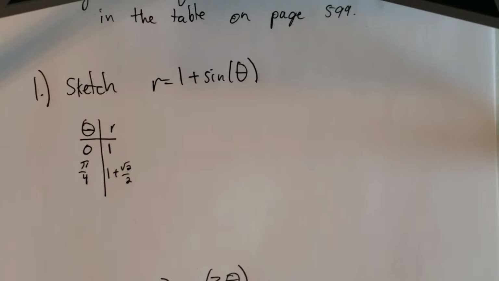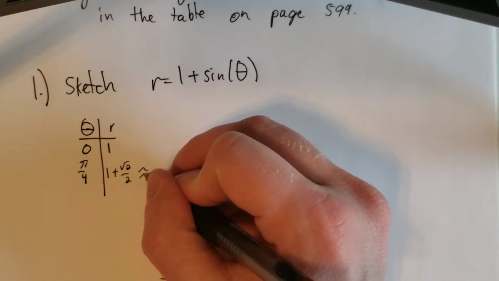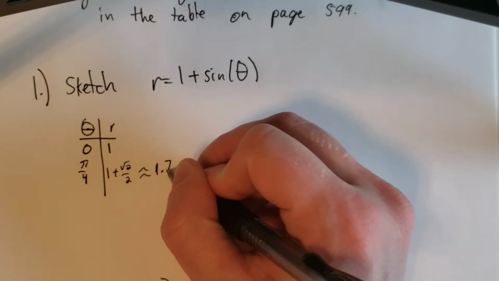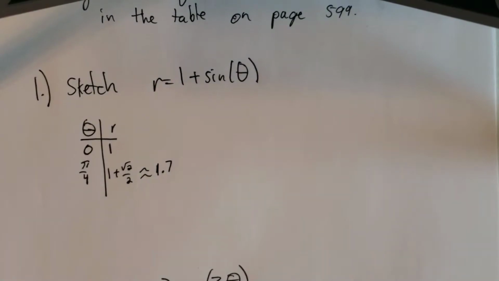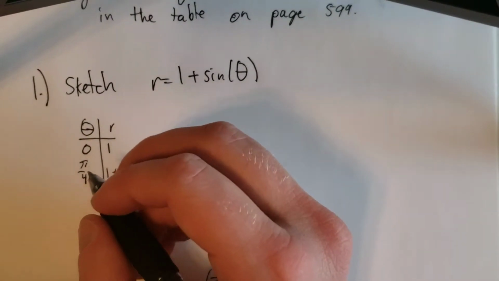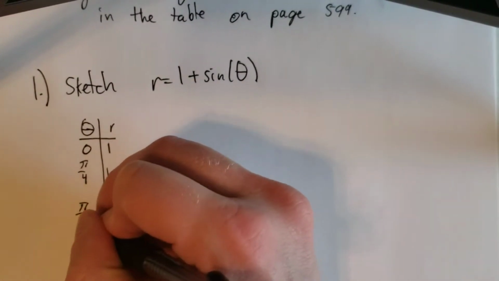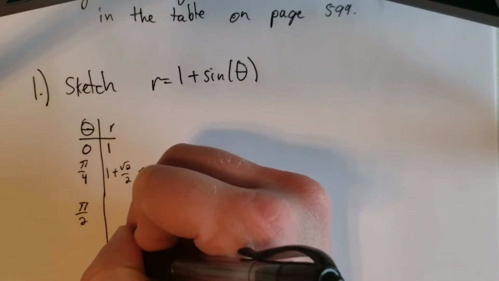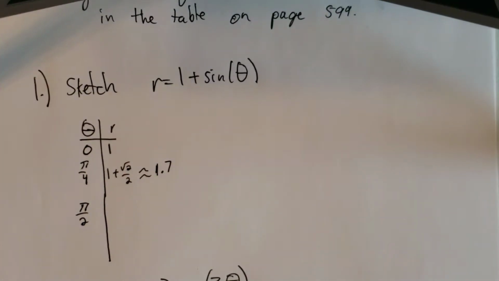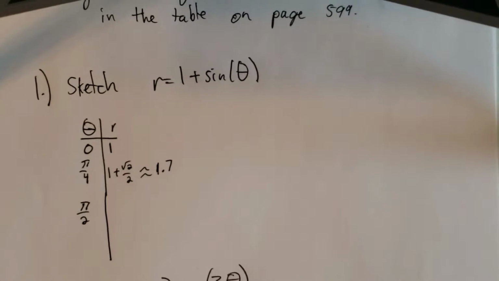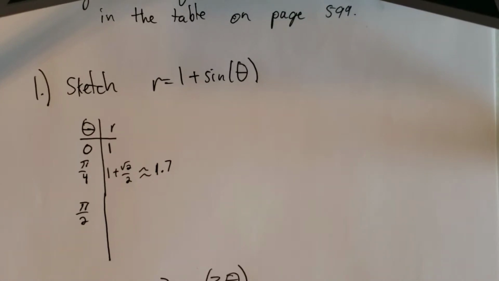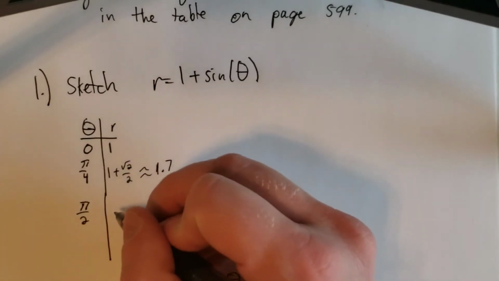Root 2 over 2 is approximately 0.7, so this is approximately 1.7. Let's try pi over 2. I'm just plugging in values that we know sine of. You could have tried pi over 6 and pi over 3 along the way, but these values work nice here. Sine of pi over 2 is 1, so 1 plus 1 is 2.